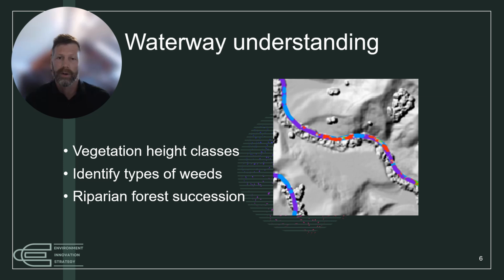But also if you've got a newly planted riparian margin, or native revegetation occurring, we can look at riparian forest succession. Do you have just small underlying sedgy type plants, or have you got more mature canopy trees stitching your riparian zones together and providing shading? So really interesting from a management point of view.